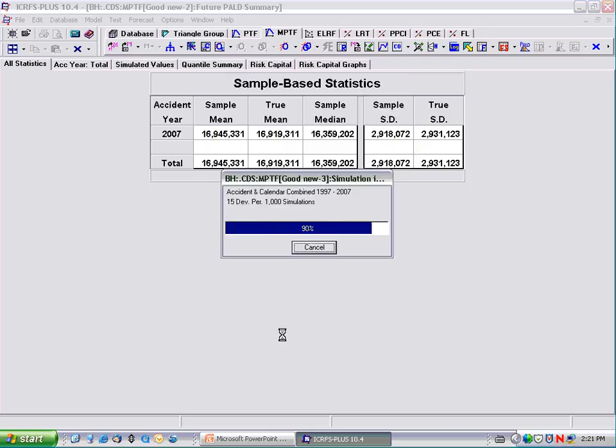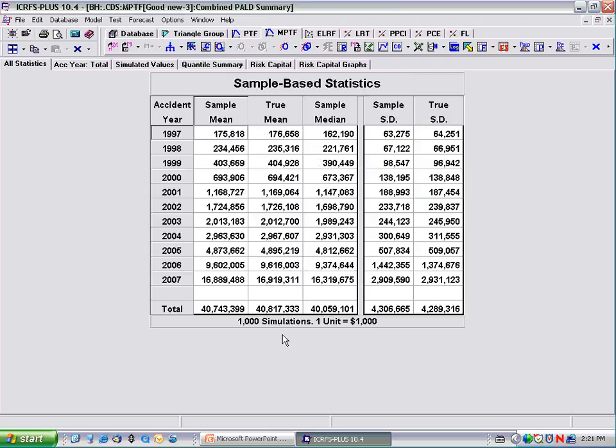Now, most regulators and rating agencies calculate the reserve risk, then they calculate the underwriting risk, and they add the 2 together.